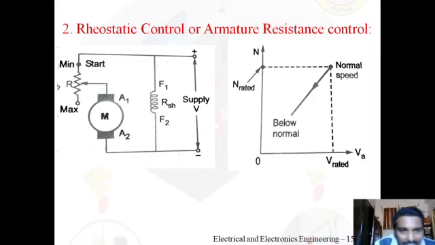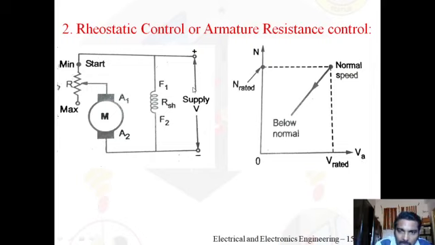Therefore, the resultant voltage across the armature is less than the rated voltage. As the armature voltage decreases, since speed is directly proportional to armature voltage, the speed starts decreasing. Why does the armature voltage decrease? Because an extra drop takes place in the armature circuit.